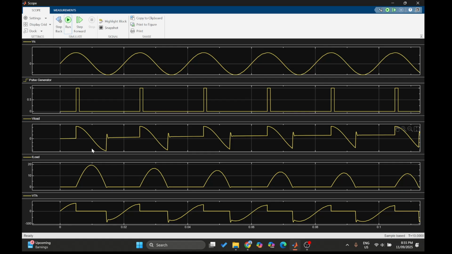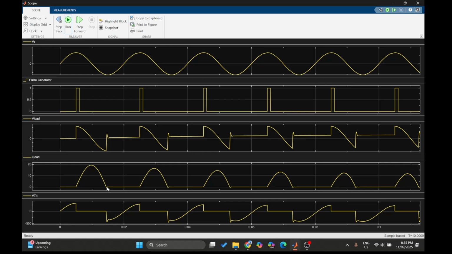Therefore we experience the negative voltage, and the thyristor is still conducting until the current gets to 0. So from here to here, the thyristor is conducting and forward biased until the current is 0.